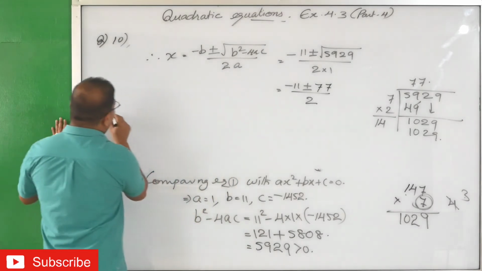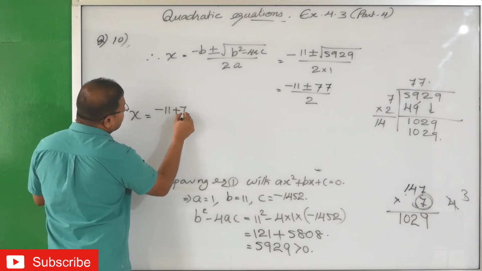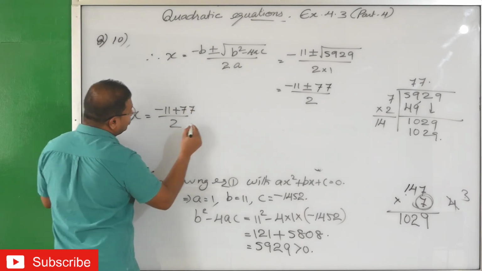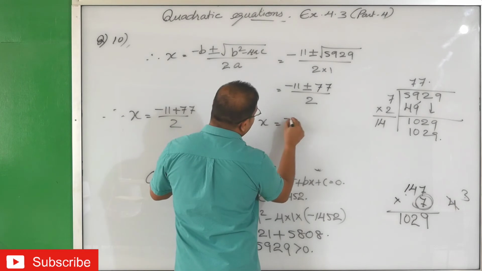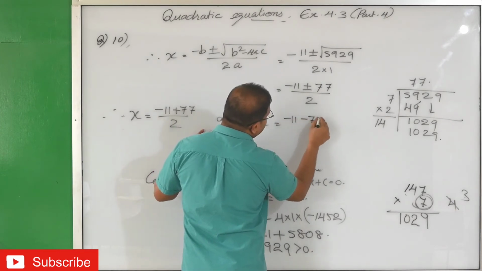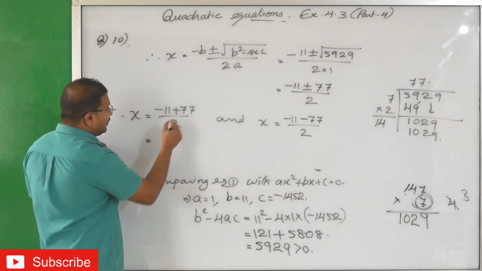Therefore x equals minus 11 plus 77 by 2, and one more, x equals minus 11 minus 77 by 2. We know that plus and minus, what you will do?